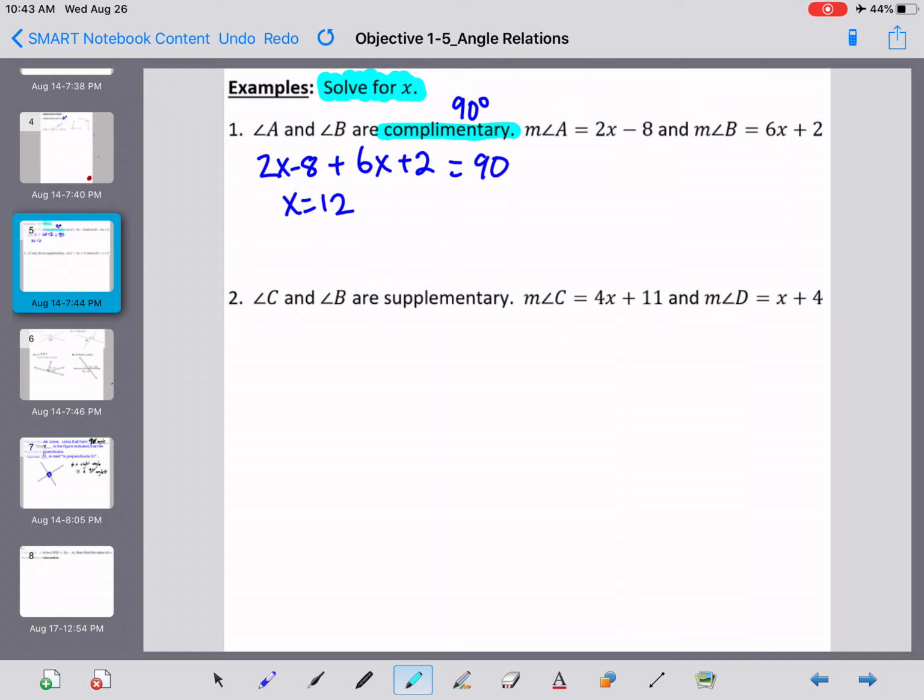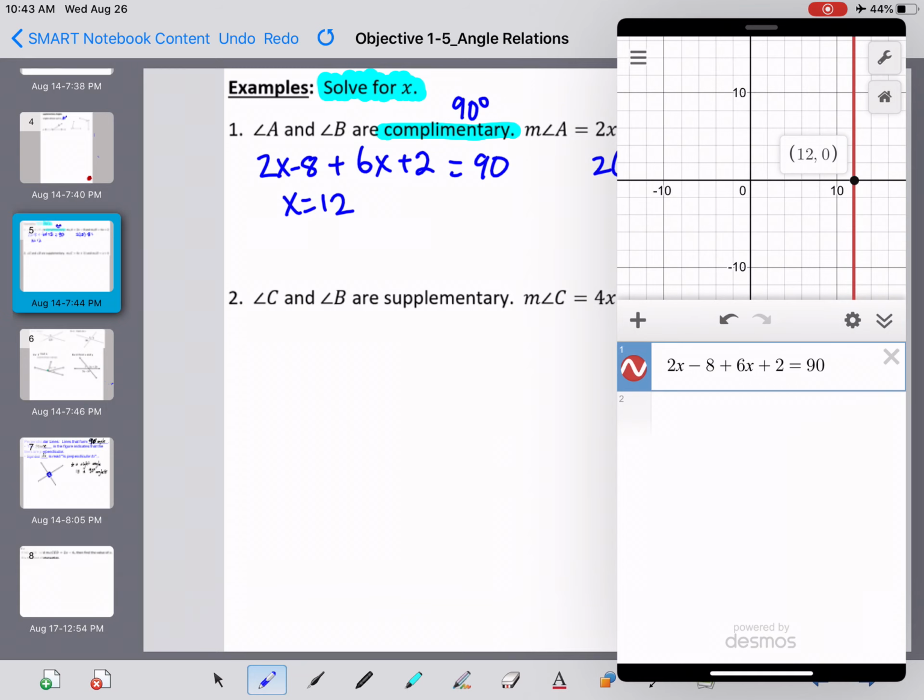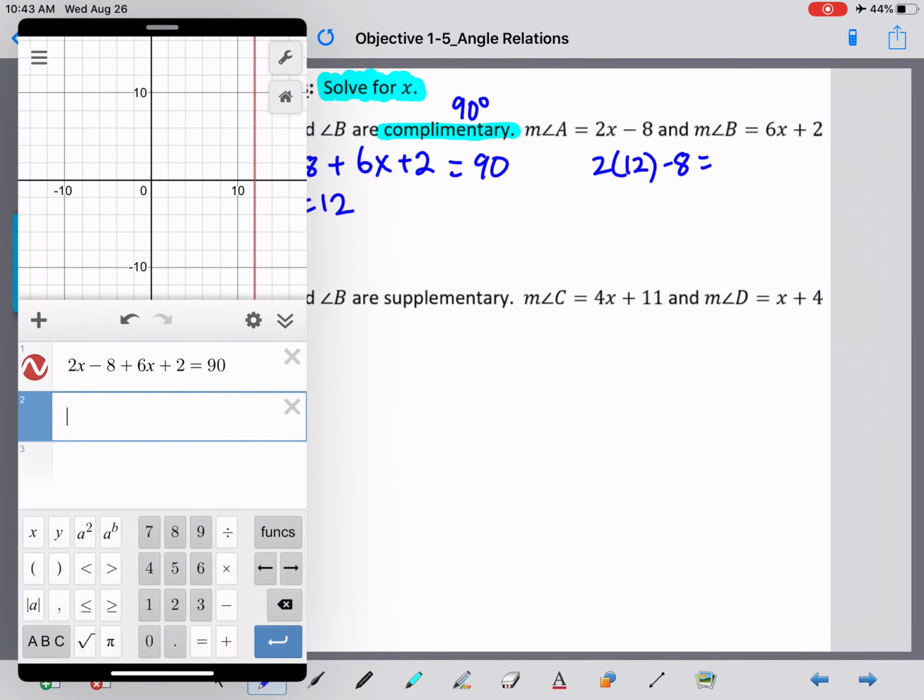Could I have found the measure of angle A? Yeah. I would have said 2 times 12 minus 8. Let's do it just for the fun of it. You might have some problems where you have to substitute those values in. I get 16.